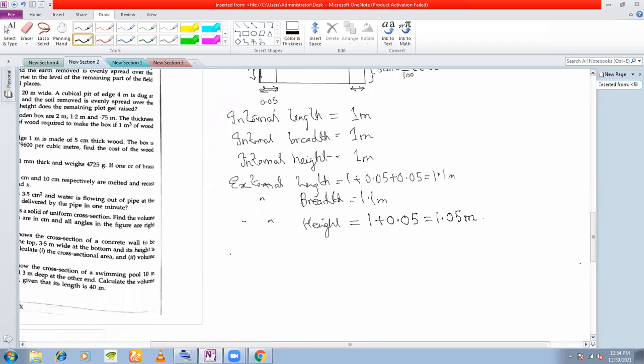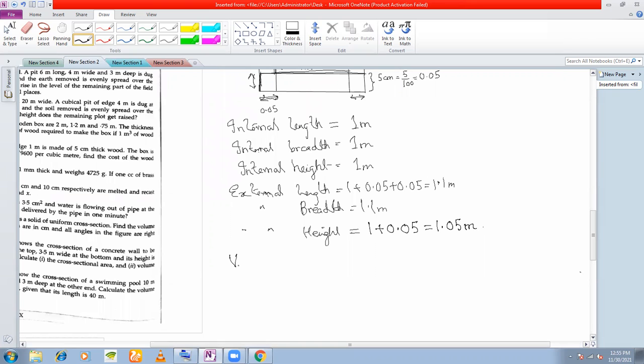Okay. So now we'll find out: what is the volume of the wood used to make the open top box?